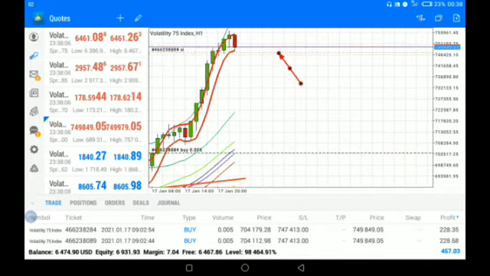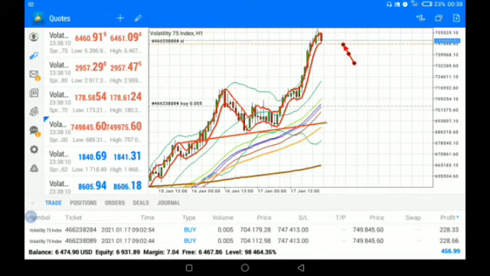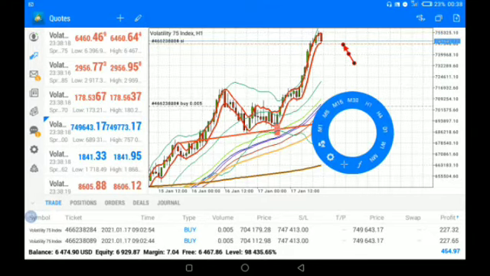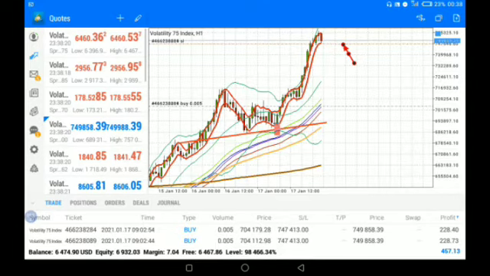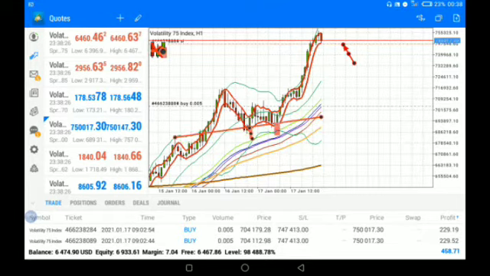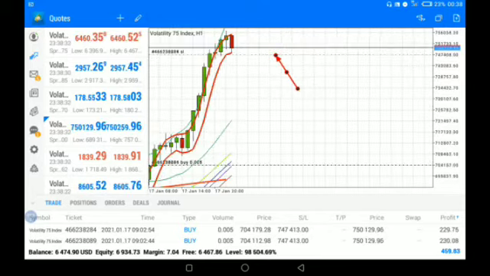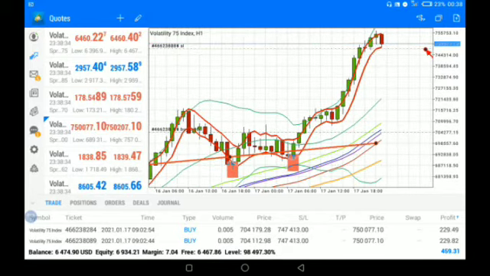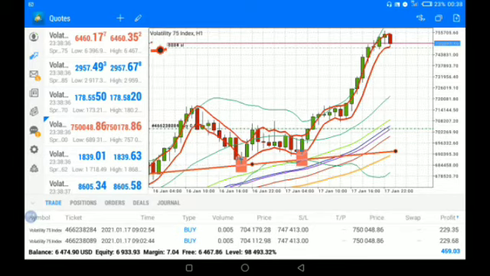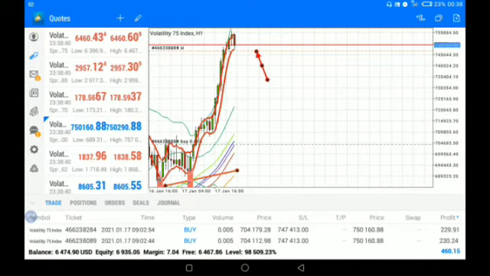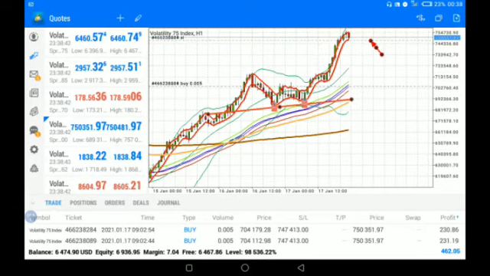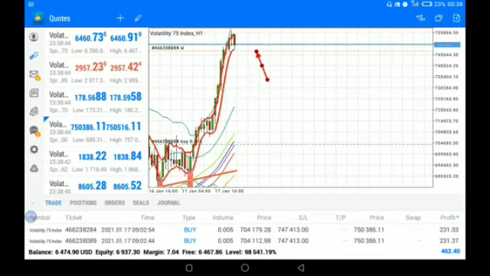I'm sure you can actually see the trade. Like I said, I took this trade because of the double bottoms.